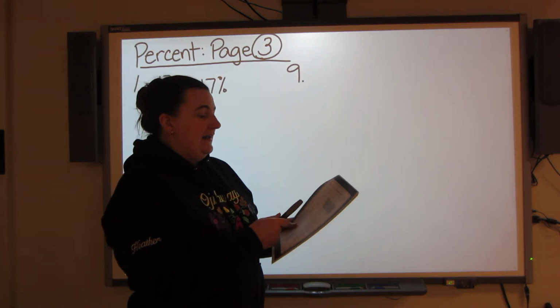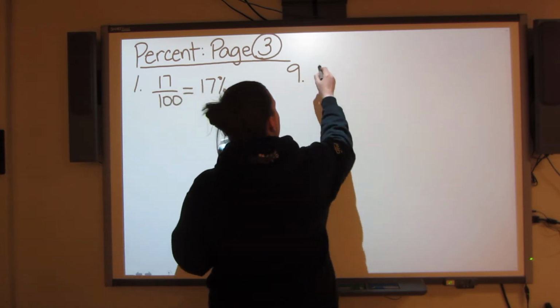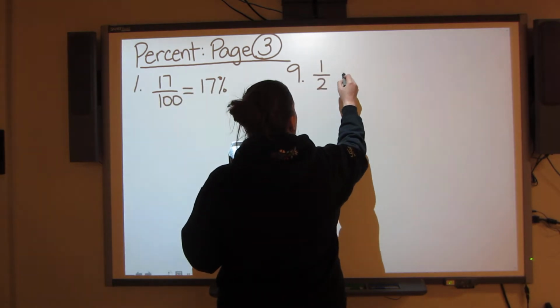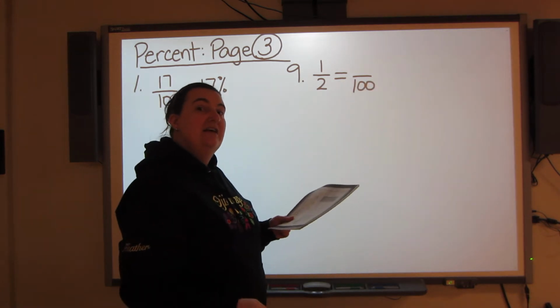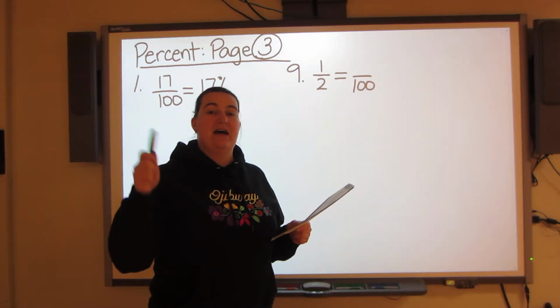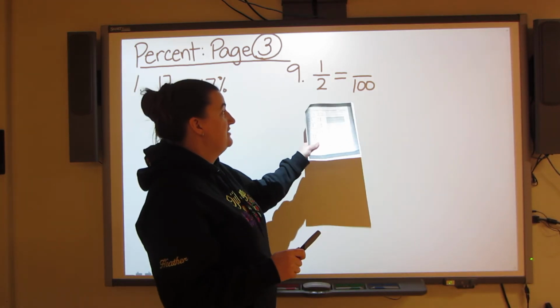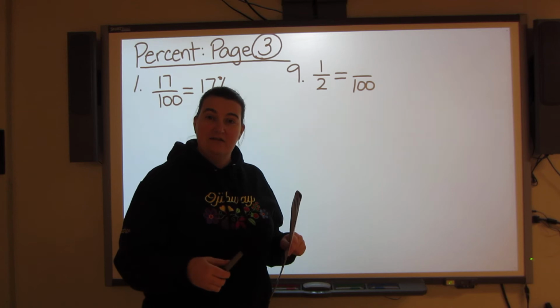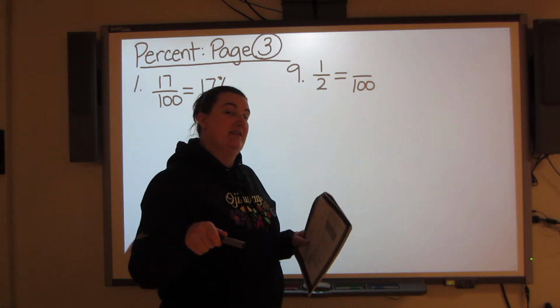Number 9 has a fraction, but it doesn't have 100 on the bottom. So what you need to do is change it. So you have 1 over 2, so that is a fraction, with 2 as the denominator. And you need to change it to something with 100 as the denominator. So remember the math facts, the 100 math facts from the lesson.